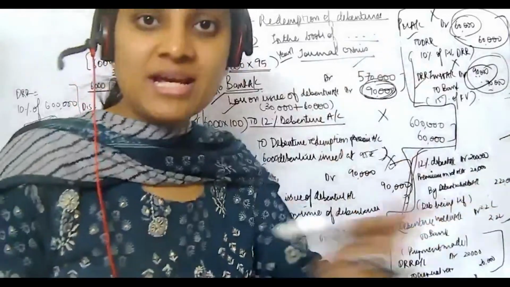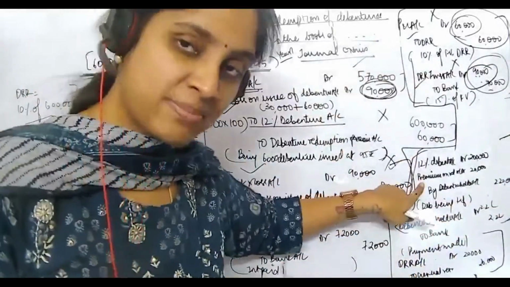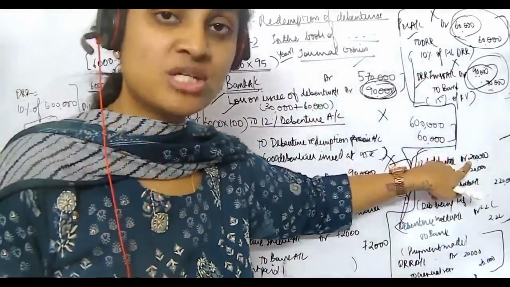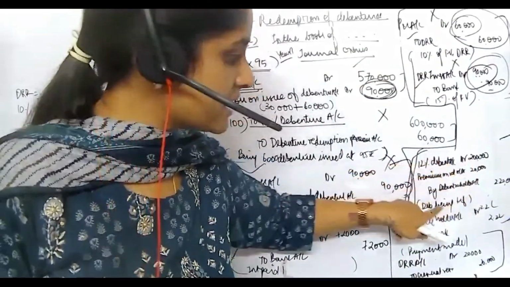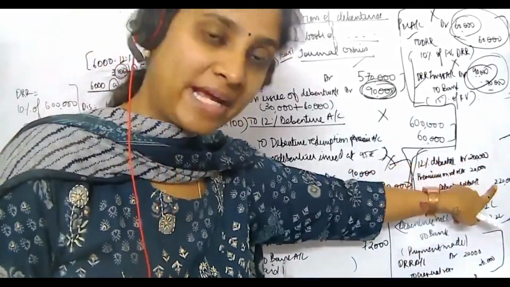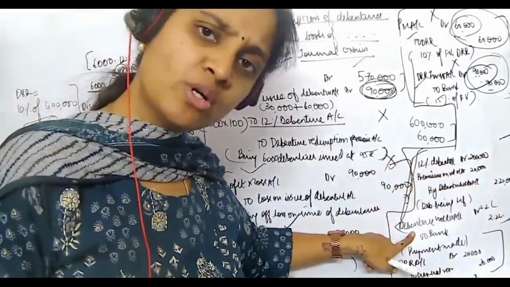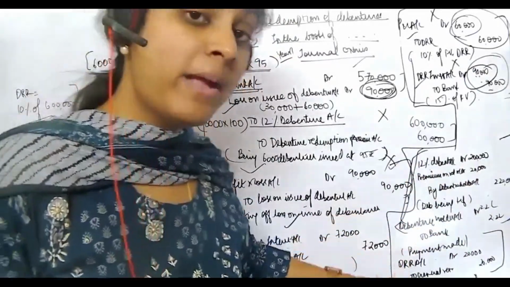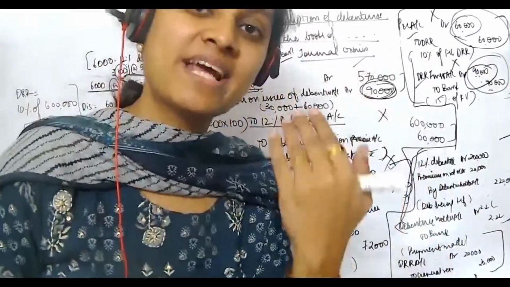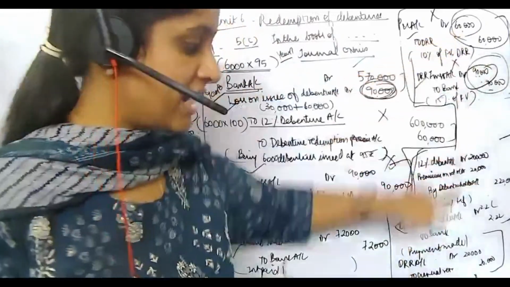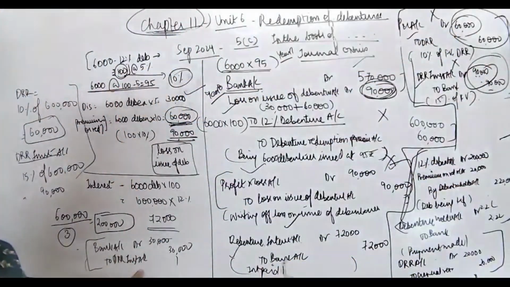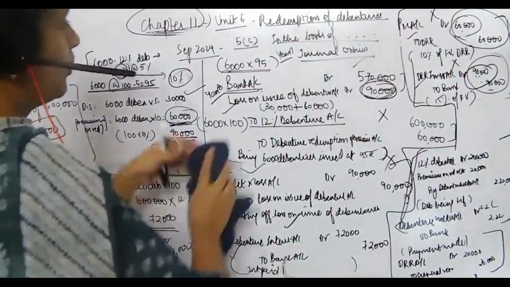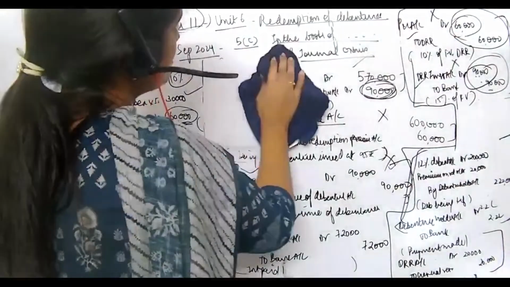So I have to divide the value by 3. First entry: 12% debentures, 6 lakh by 3, 2 lakh rupees. On that 10%, 20,000, and to debenture holders 2 lakh 20,000. Debenture holders to bank, same 2,20,000. My DRR, to the extent I have redeemed, 1/3 of the total value, I will now transfer to the general reserve. And then 1/3 of the total value of the investments, I will sell now. Okay, year 1 is over.